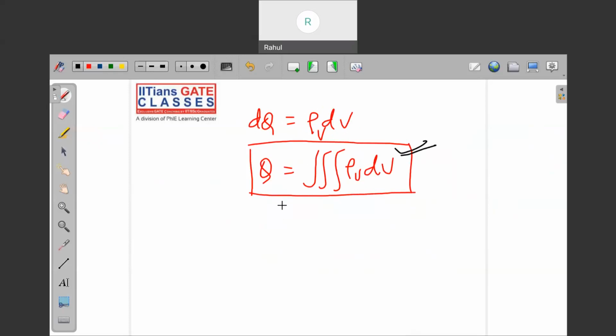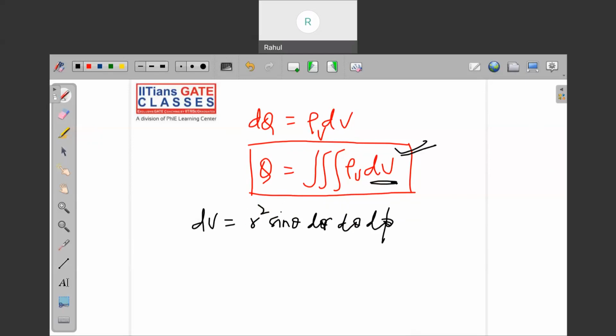So rho v is given as rho naught by r. And you must know what the differential volume is in a spherical coordinate system. The dv is basically r square sine theta dr d theta d phi.